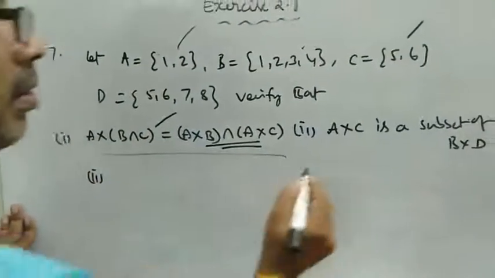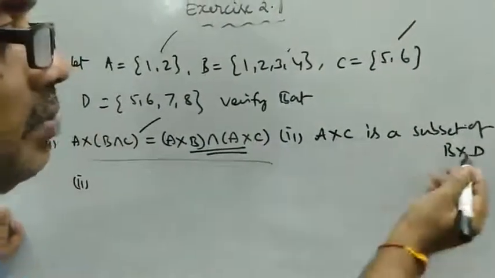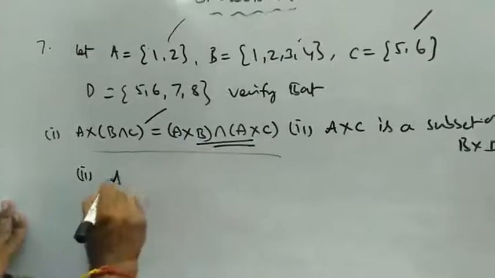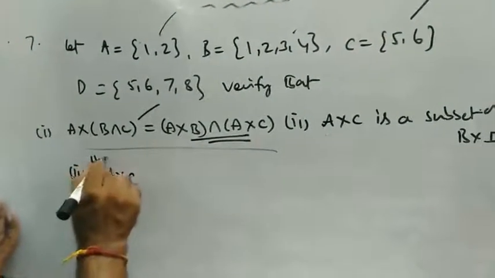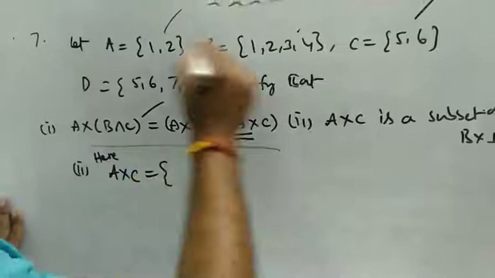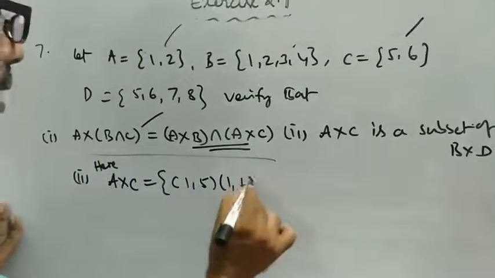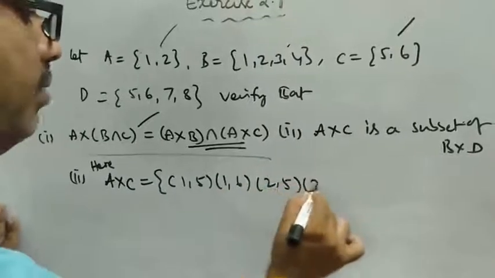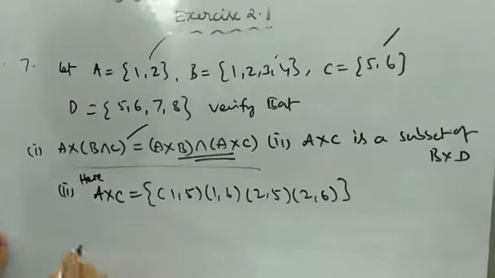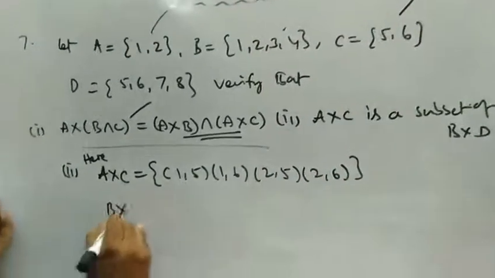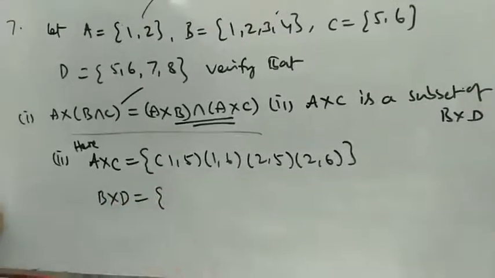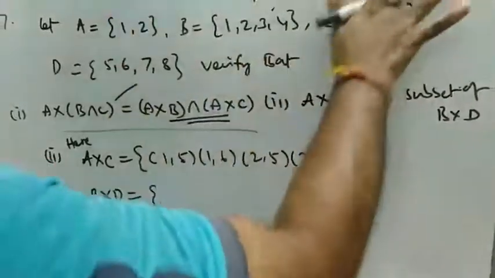Second part, I have to show that A cross C is a subset of B cross D. First find A cross C: (1,5), (1,6), (2,5), (2,6). And then what is B cross D?